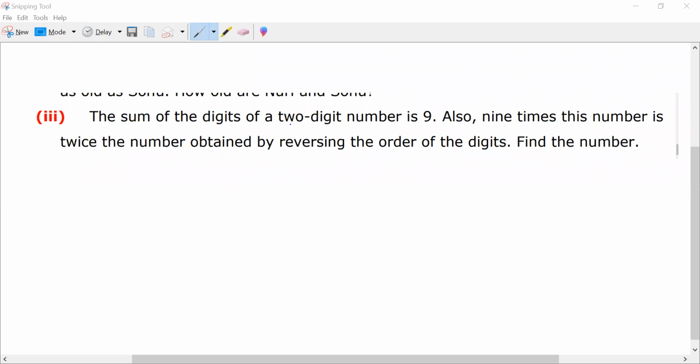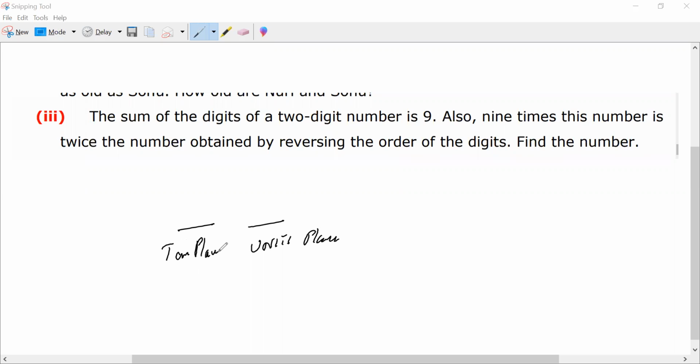So 2-digit number in the sense, this is my units place, this is my tens place. Correct? So a 2-digit number will have units place and tens place.